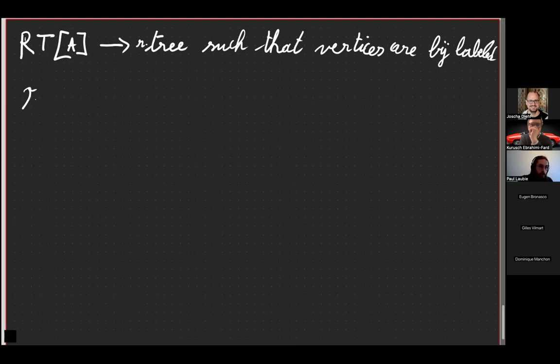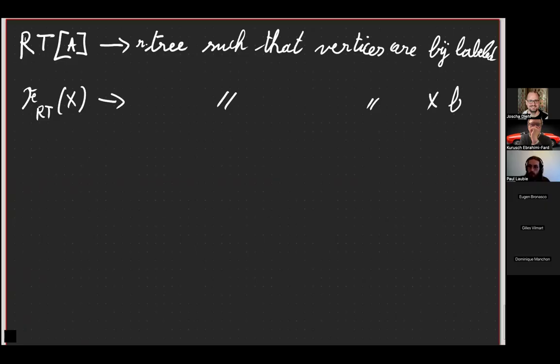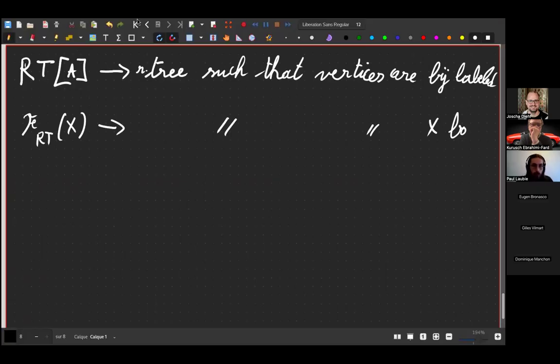Now, if I look at the functor applied to X, it will also give me rooted trees, but the vertices are non-bijectively labeled, just labeled. Okay, I don't know how to write this in a concise way.